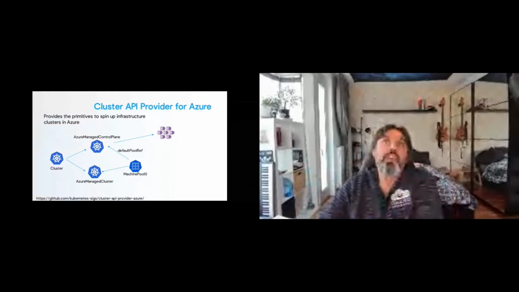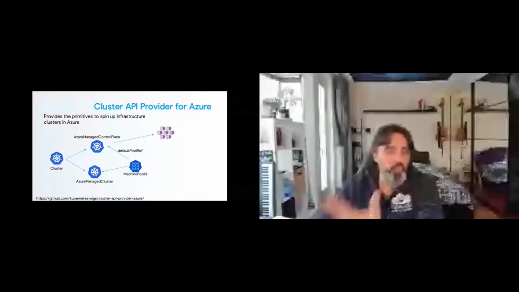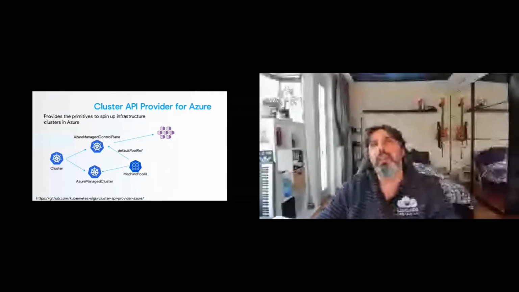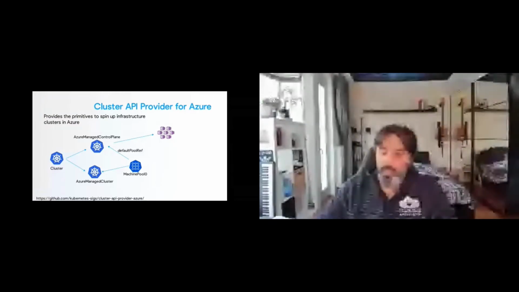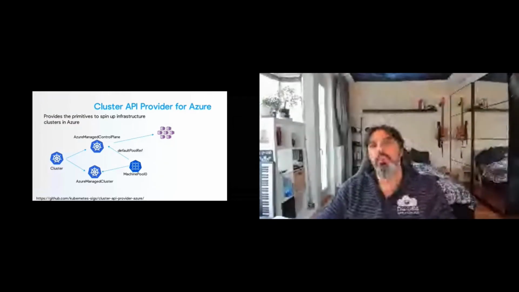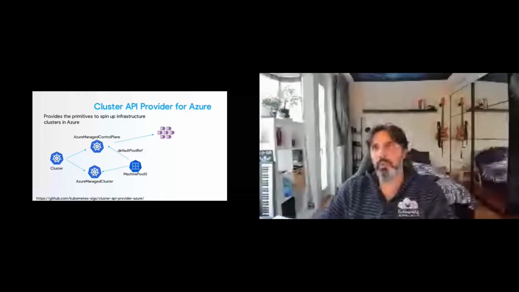This will actually create infrastructure, will inform the ClusterAPI provider for Azure to actually go to the Azure API and create a managed cluster for you. There's always a system pool, so you need to use the default pool ref, and all of this stuff is in the repo, of course.